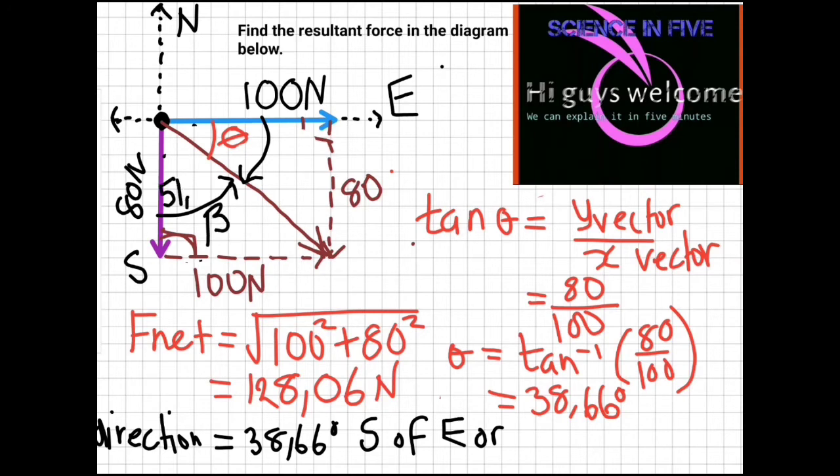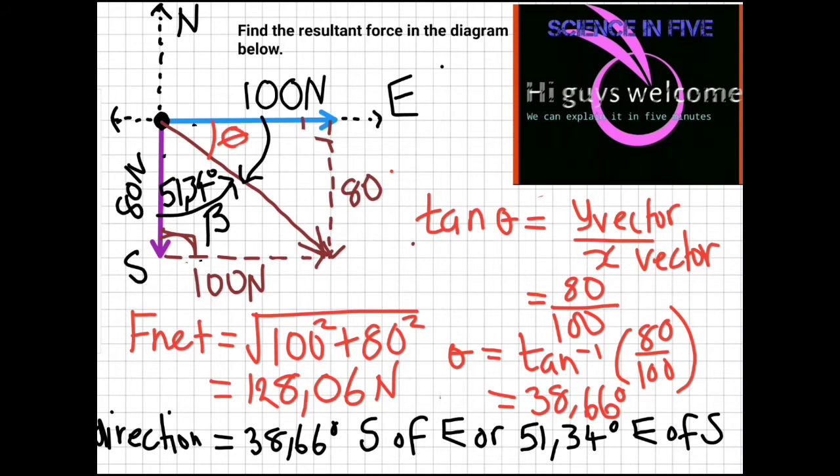So you can also say 51.34 degrees east of south. That is how you can calculate the resultant of two perpendicular vectors. Use the theorem of Pythagoras and then use a trig ratio to get the direction.